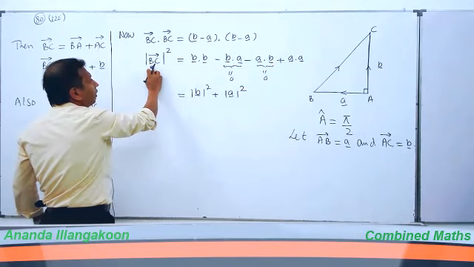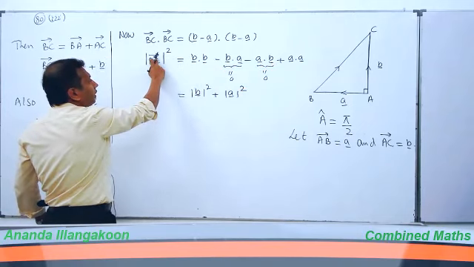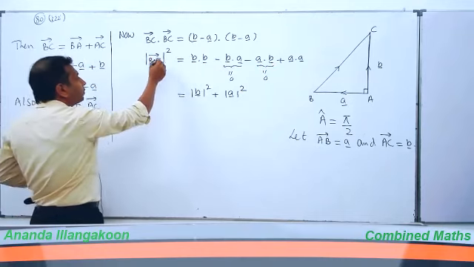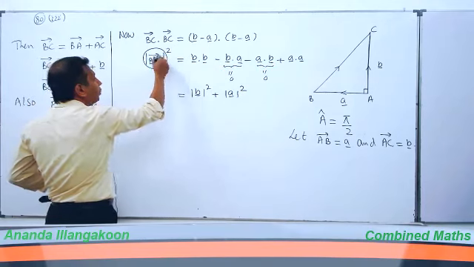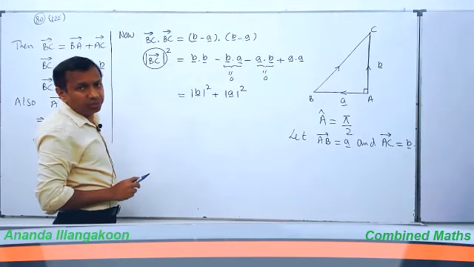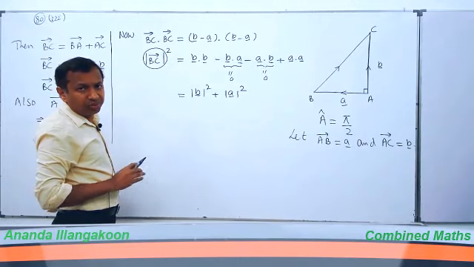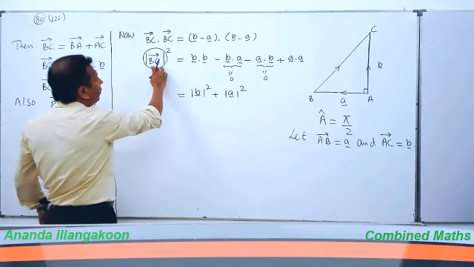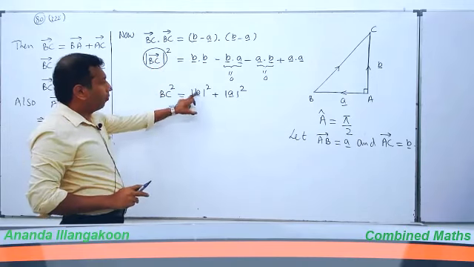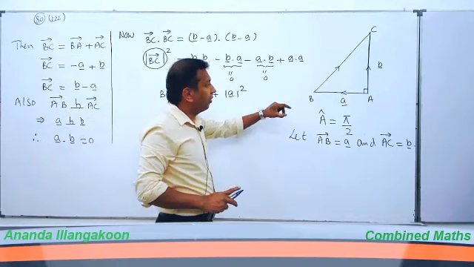BC vector modulus perfect square. What is the modulus of the BC vector? It is the BC length, no? Modulus of the BC vector means BC length. BC length perfect square, this. Mod b perfect square. What is vector b?